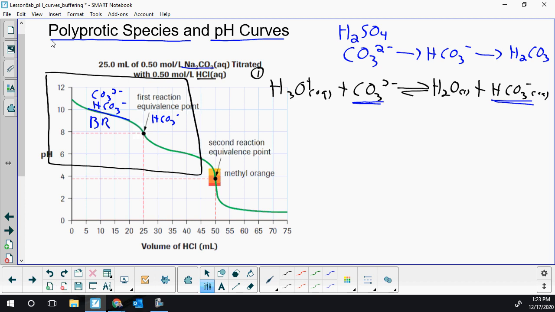Now what's unique about this particular example is the fact that hydrogen carbonate is also a base. Hydrogen carbonate is capable of accepting another H. And if we keep dumping in acid from the titrant, we get a second reaction.